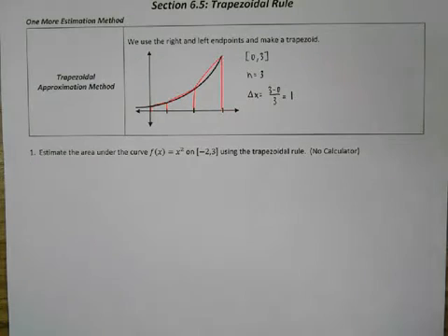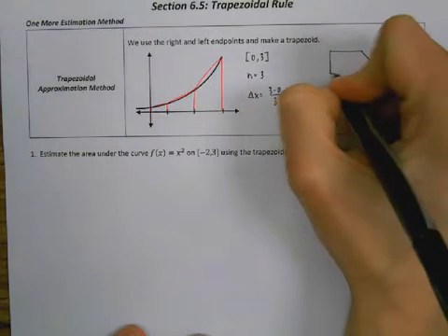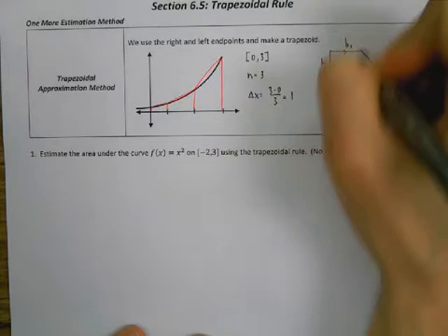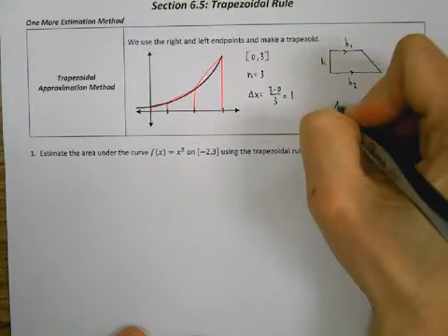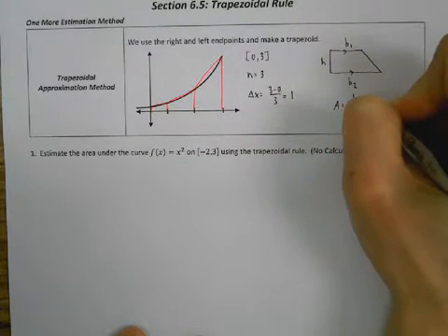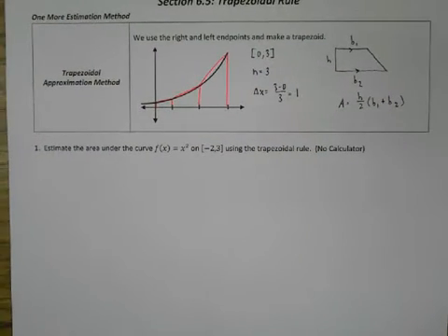Now let's talk really quickly about the geometry of trapezoids. Normally I'm going to draw one the way we're used to seeing it. We know we have the height, and we have parallel bases, base 1 and base 2. For the area of a trapezoid, what we're doing is h over 2 times b1 plus b2. So that's just the area for a trapezoid.